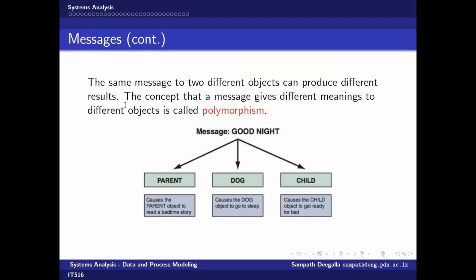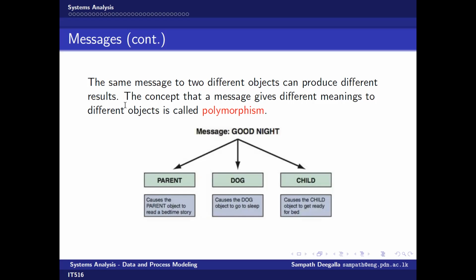Okay, so when you talk about the messages, I told you how these objects interact with each other. Basically, for that, you can use messages. Now, in this particular example, what you see is we have the same message, but with a different meaning, right?